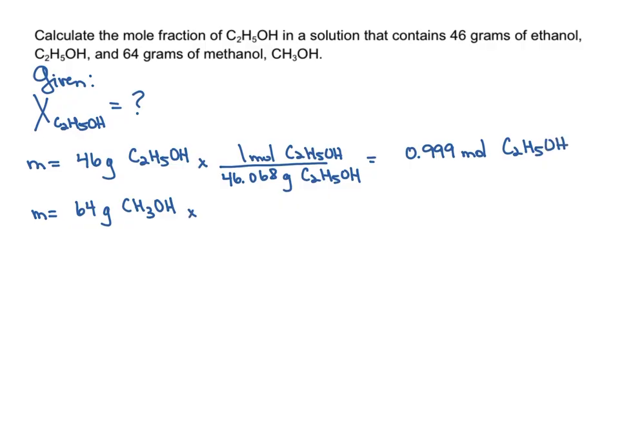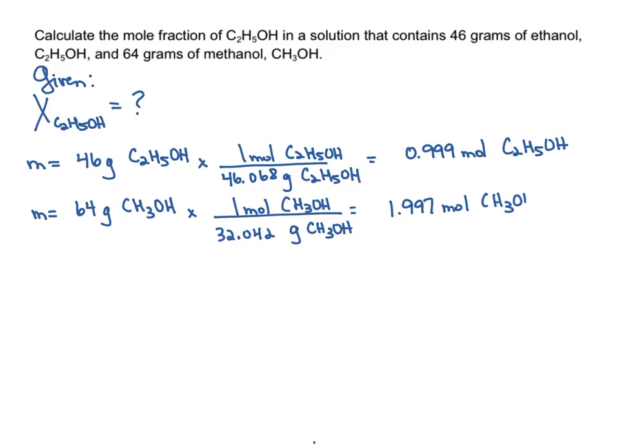And my methanol, if grams of methanol is on top, I need grams of methanol on the bottom. I can get this from the periodic table, and this equals 1 mole of methanol. Okay, I've got all my units in the correct units.